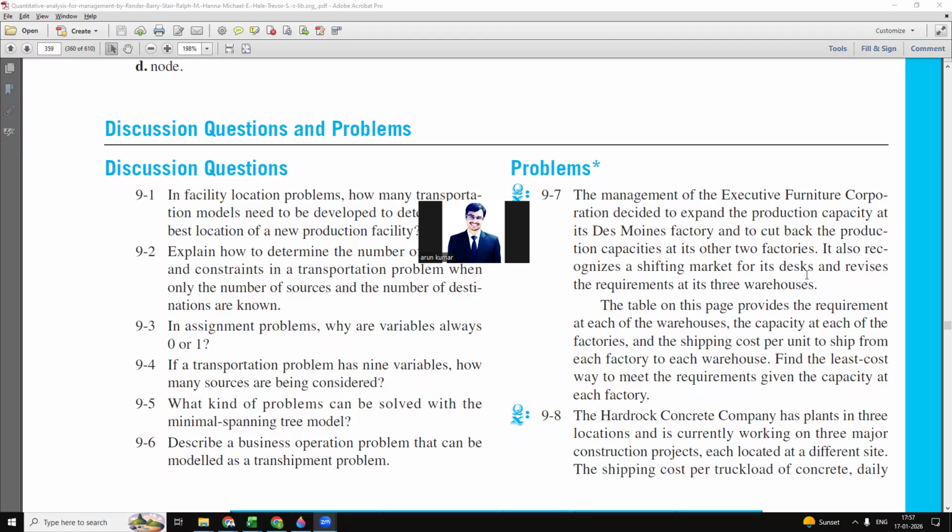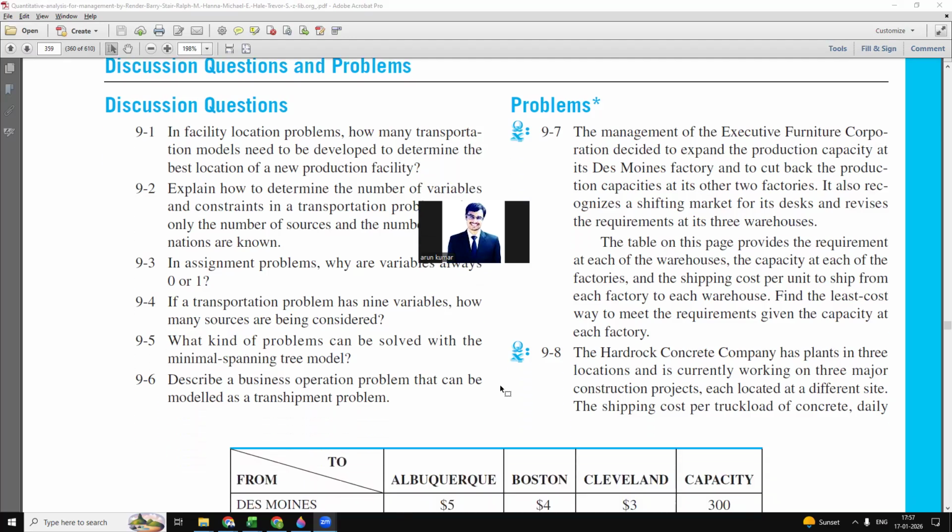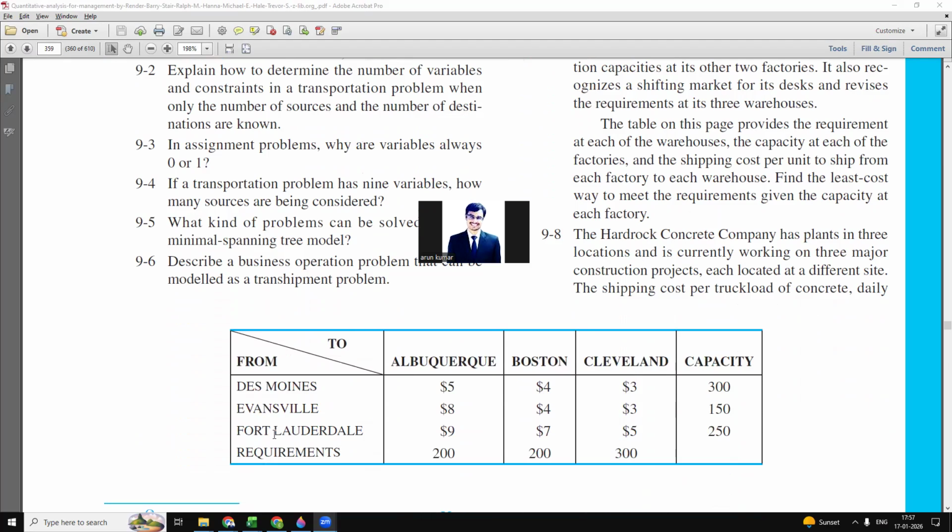It also organizes a shifting market for its desks and revises the requirements at its three warehouses. In this question we have a table where, from, we have Des Moines, Evansville, and Fort Lauderdale, and then the requirements on the bottom row.